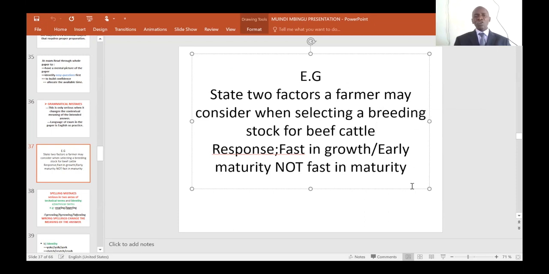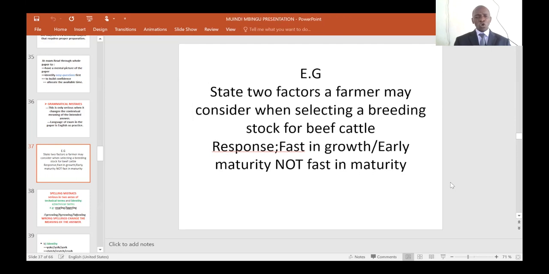Do we say fast in growth? Do we say early maturity? Or do we say fast in maturity? Of course, we meet answers like fast in maturity. But I would like to point out that maturity is a stage. Once attained, the animal does not grow anymore. So we can't say fast in maturity. That is a grammatical mistake.